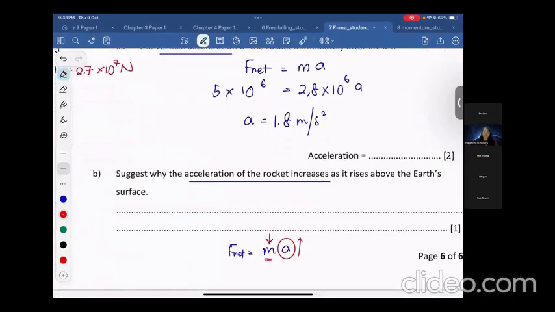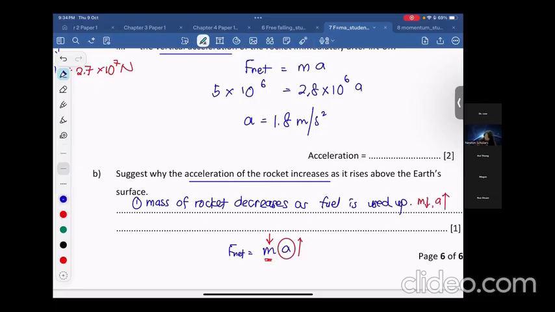Imagine the trolley becomes empty, of course you can accelerate. So one of the reasons is that the mass of the rocket decreases as the fuel is used up. M decreases, so a will increase.